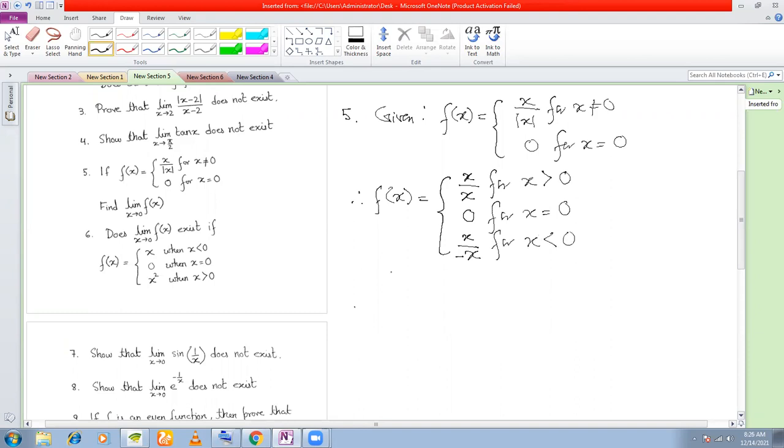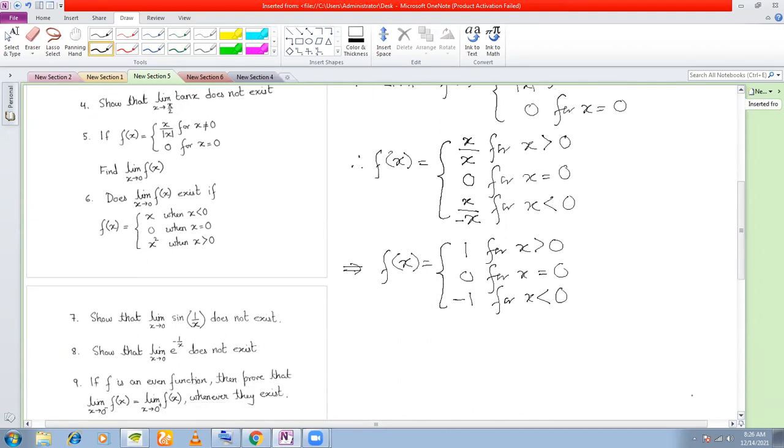From the definition of mod. Yes, sir. That means now if I simplify this function, it gets down to x by x is 1 for x greater than 0, equal to 0 for x is equal to 0, equal to minus 1 for x less than 0. That simplifies this function. Now it is very easy to find out the limit at what value x tends to 0. So let's first find out the left hand limit at x is equal to 0.